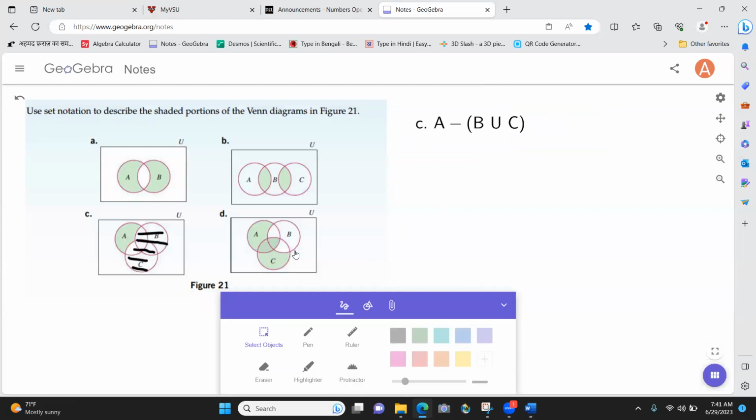All right, that's part C. Part D is a little tricky, okay? I'll see how I can do it. Now, this part, the little triangle in the middle, is A intersection B intersection C. That's there. What's the remaining shaded area? Well, you can write it as A union C minus B. You can write it as that.